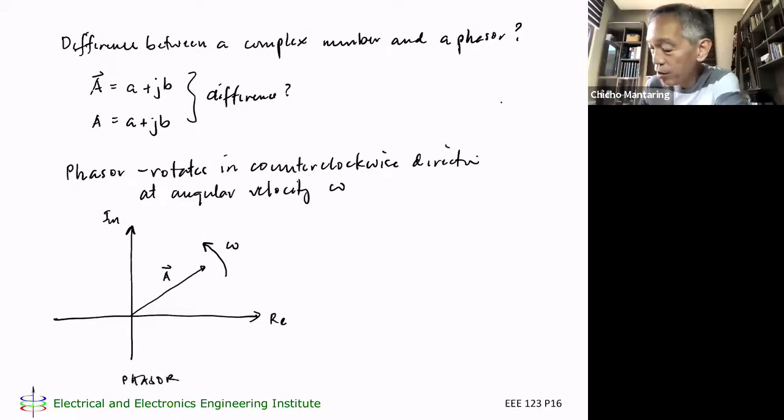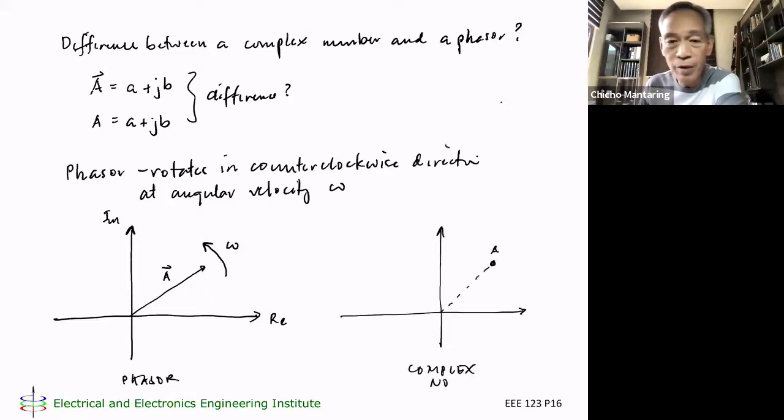Whereas the complex number, that's just A. Sometimes we say we do that also.